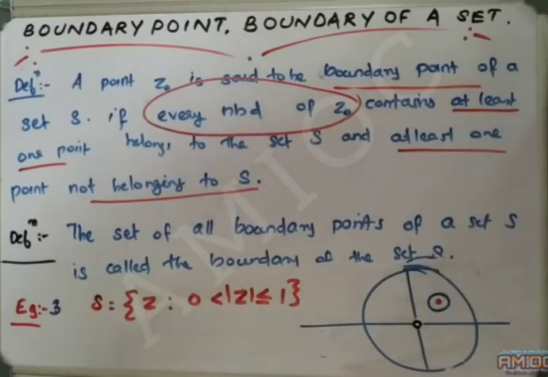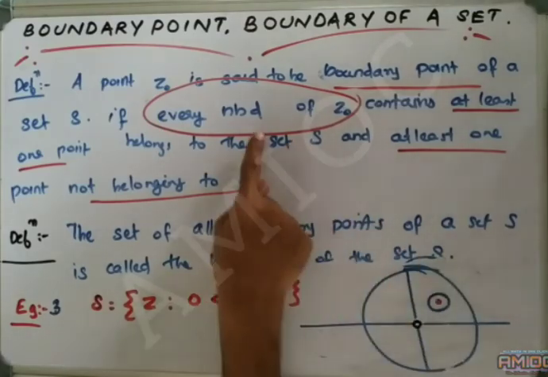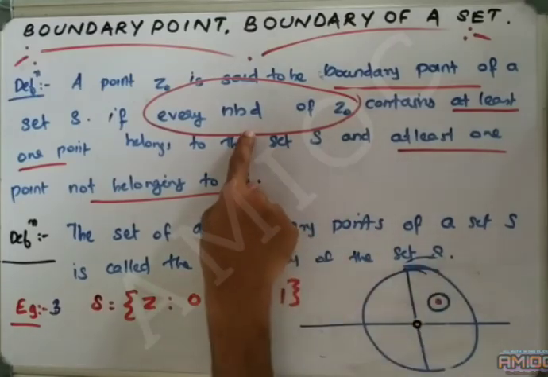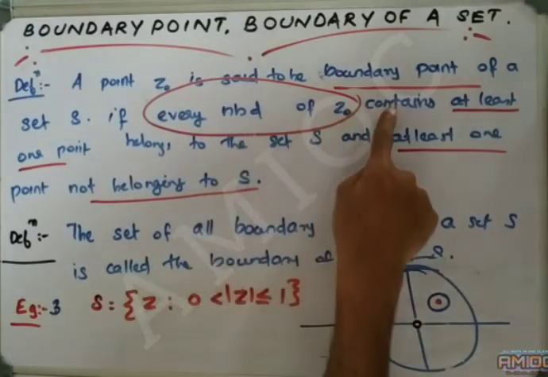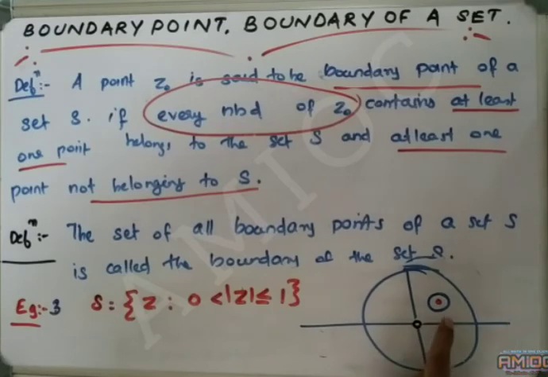That neighborhood consists of points only inside the set S, and thus it does not follow the property we defined for the boundary point of a given set S, and hence the point is not a boundary point of the given set S.